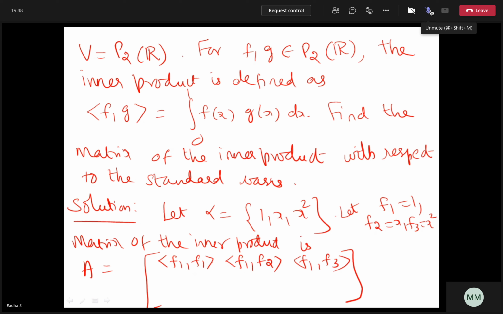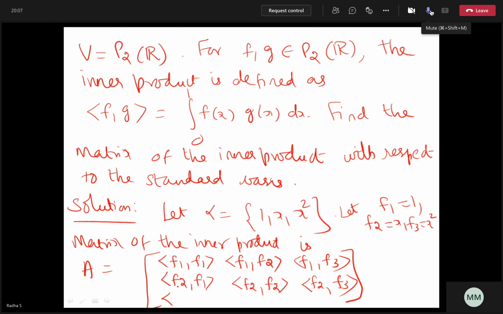Okay, say what is the second row then? Second row: f2, f1, f2, f2 and f2, f3.